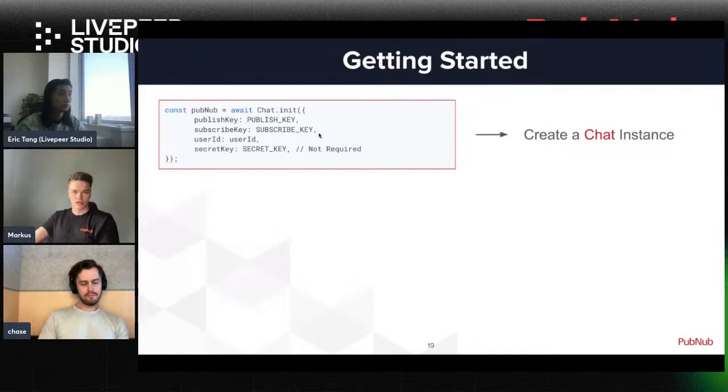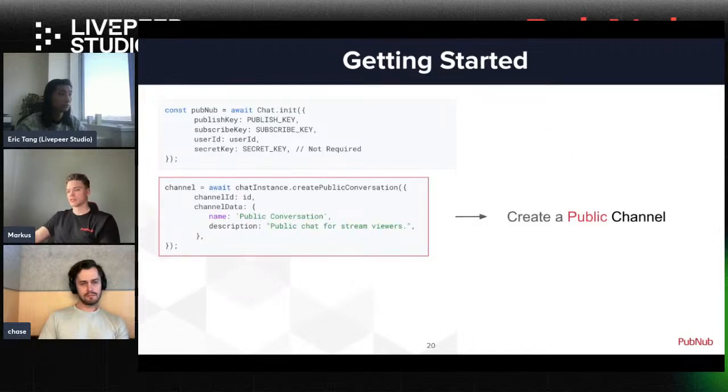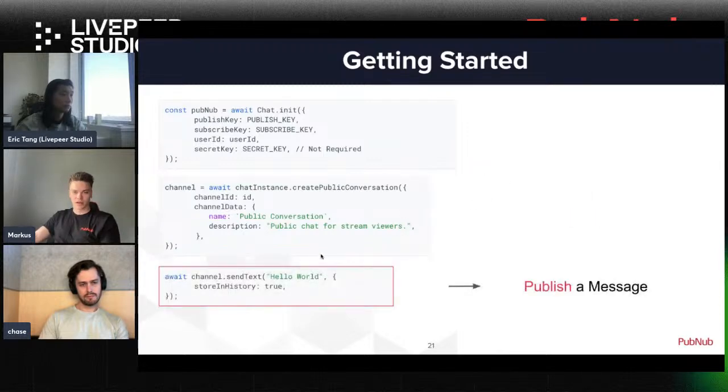Then I created a public channel within that demo. You give it a name and description, and this allows anyone to join that channel, with no real security restrictions there. And then sending a message: I accessed the channel instance and was able to send messages there.